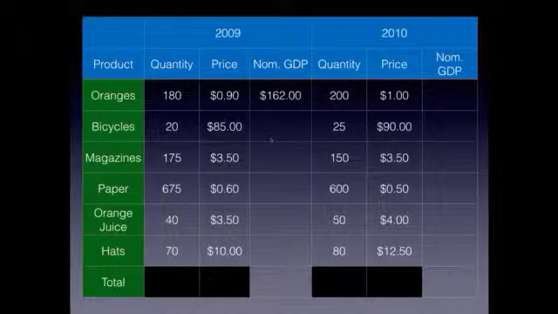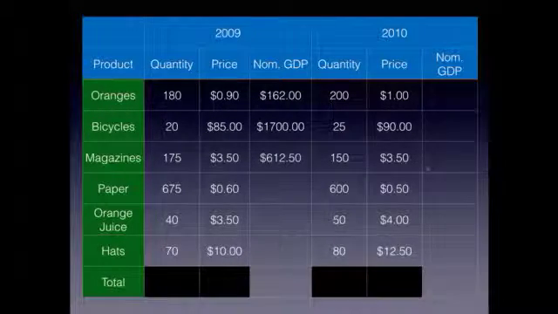And we do that same process for every single commodity. We do it for bicycles, magazines, paper, etc. So we just take the quantity of bicycles, multiply by the price of bicycles, and that gives us $1,700. That's the value of bicycles that were produced in 2009. Do the same thing for magazines. That's 175 multiplied by $3.50, which gives us $612.50.